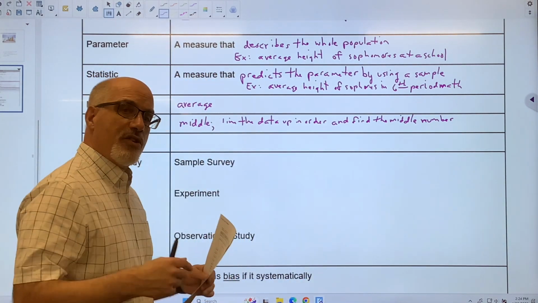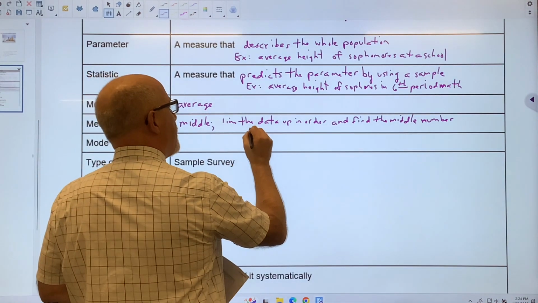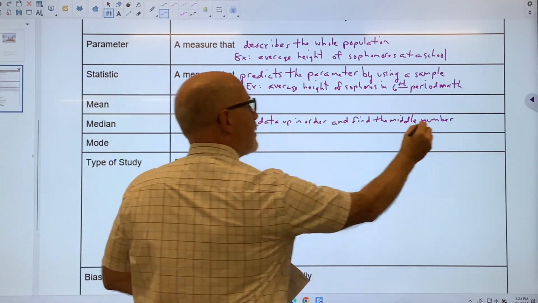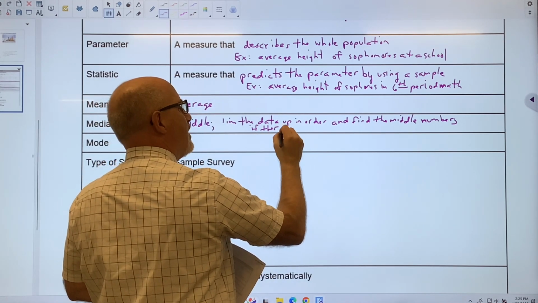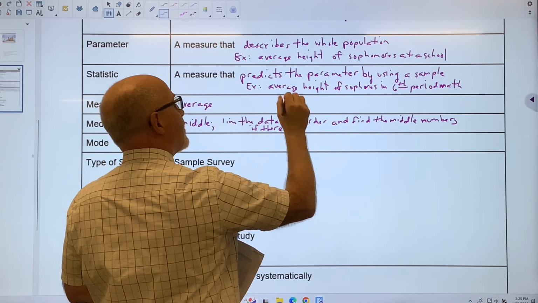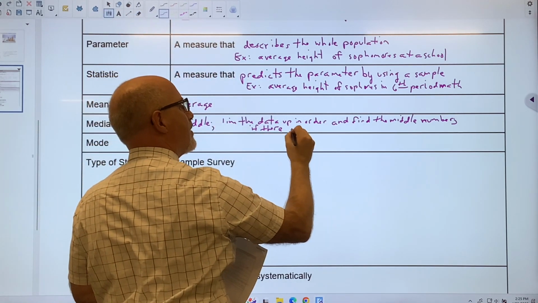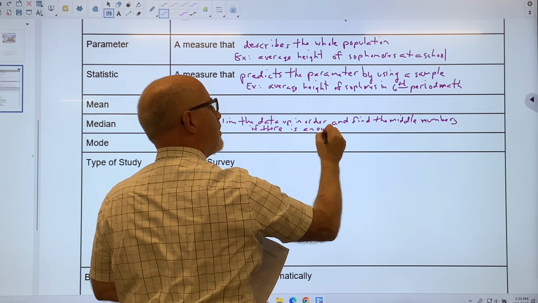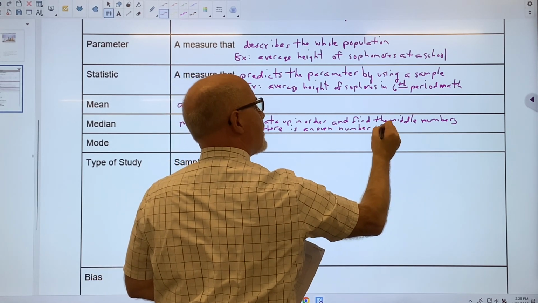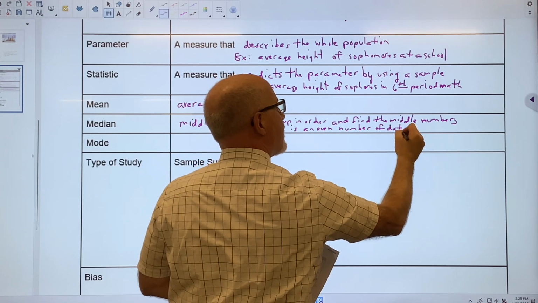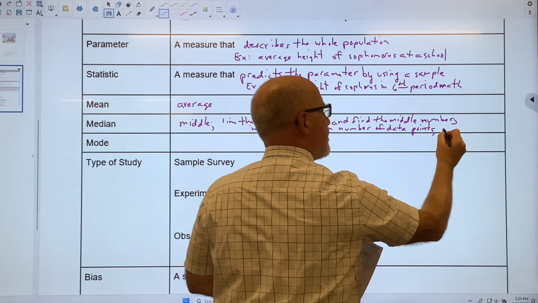So if there's an even number of data points, you just average the middle two.